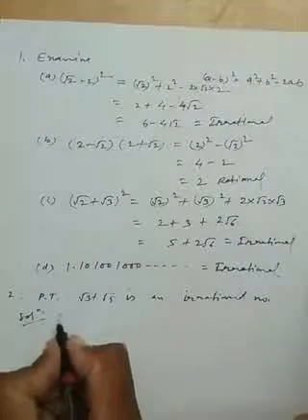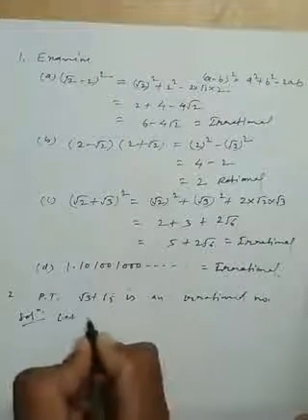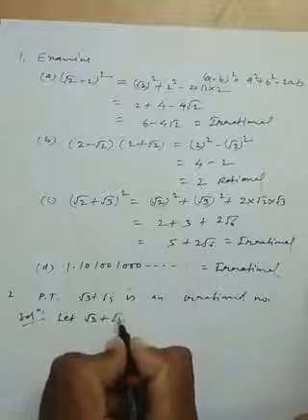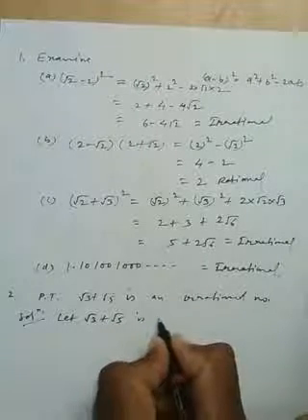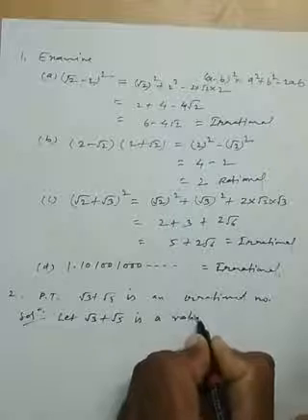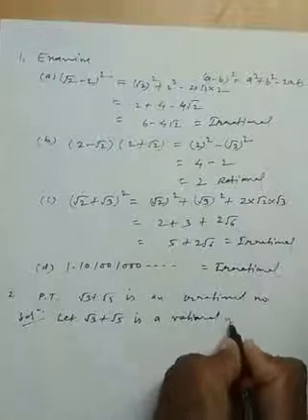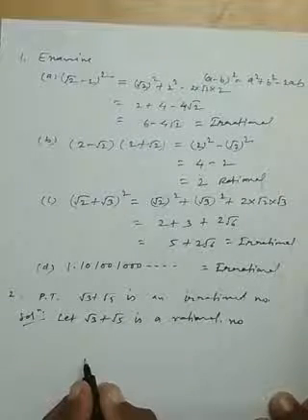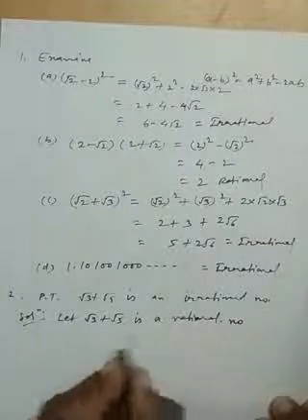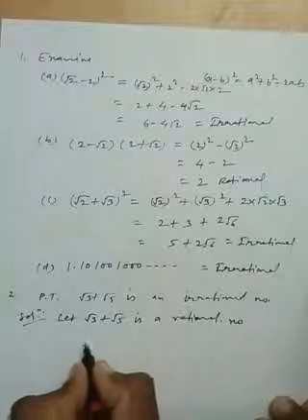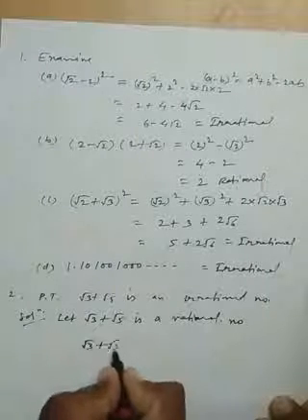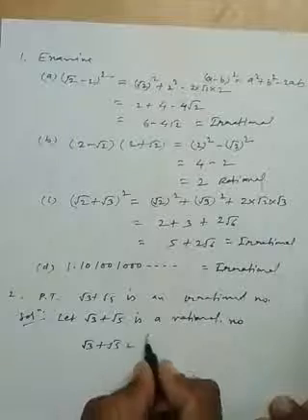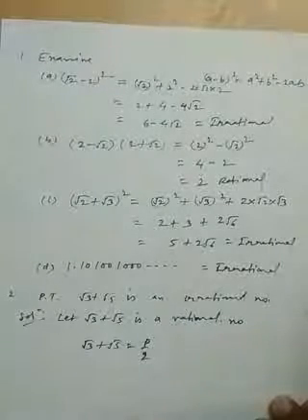So first of all, let us assume that √3 + √5 is a rational number, and a rational number can be converted into the form p by q. So √3 + √5 = p/q.